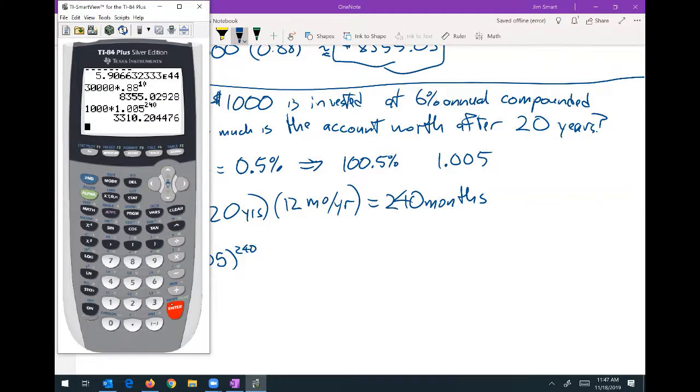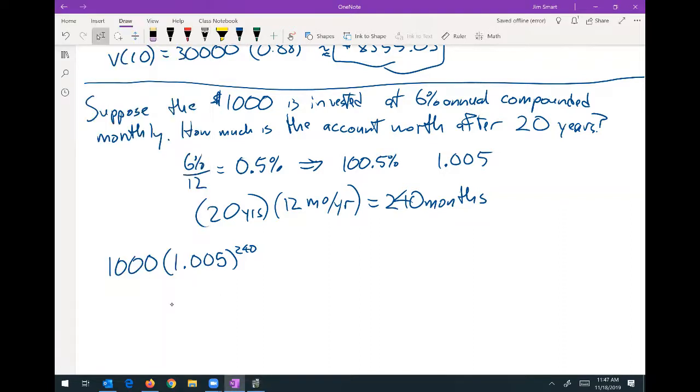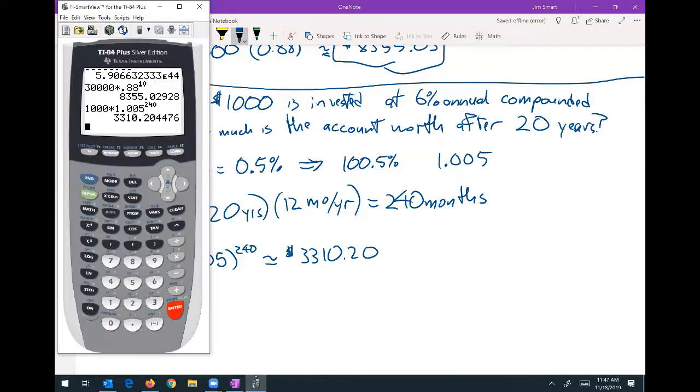And I get $3,310.20. Let's look at it if it had just been every year. That would be 1,000 times 1.06 raised to the 20th because it's 6% each year. And the answer is I'd have over $100 less. So compounding every month made me get more interest because I was getting interest on the interest I had already made.